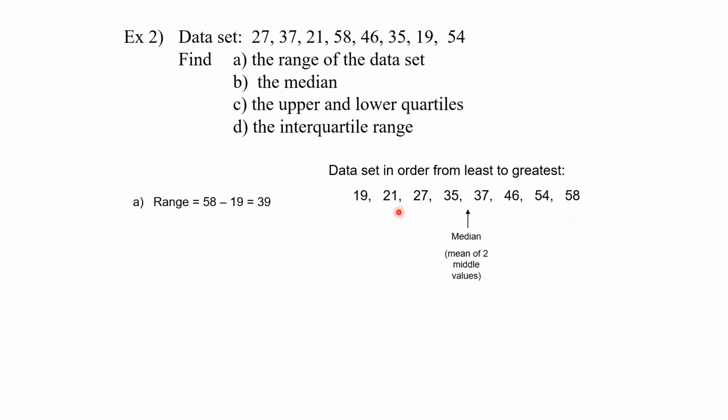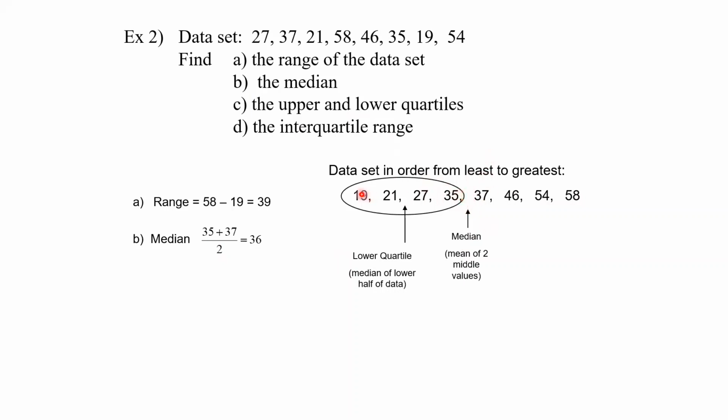As you can see, we have the 3 values below and the 3 values above. In between, we have 2 values, 35 and 37. So how we arrive at the middlemost value is just getting an average of the 2 middlemost values. So in this case, we'll just have 35 plus 37 divided by 2, we get 36. So that is our median value.